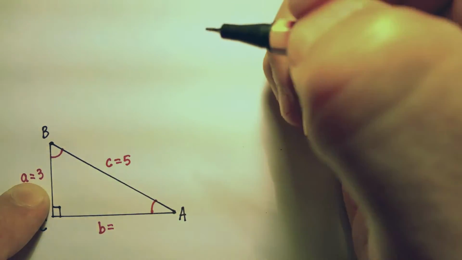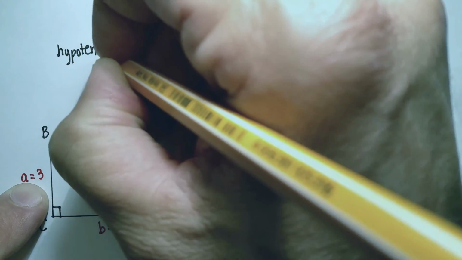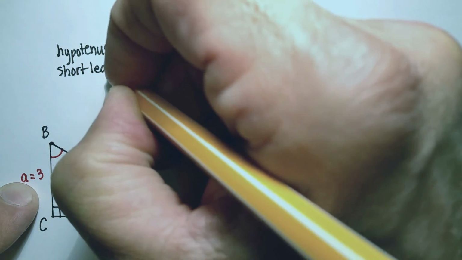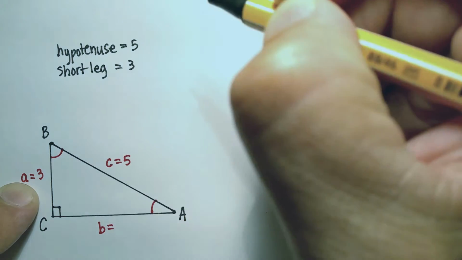Okay, so let me go up here and write this out. We know that the hypotenuse is equal to 5. We know that the short leg is equal to 3.